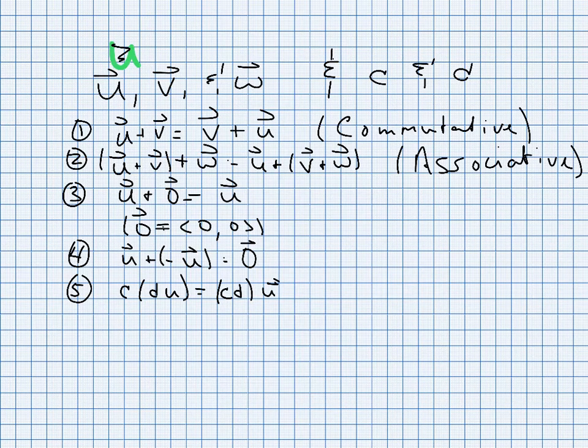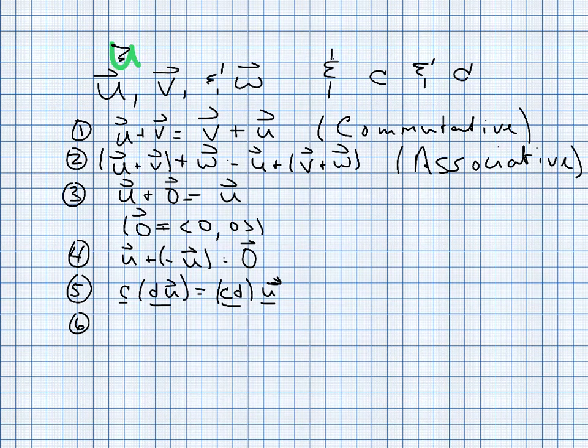And I got to put those arrows on there. I'm getting in the bad habit of not putting my arrows on. Now, this is also an associative property, but this one is just the associative property of scalar multipliers. So notice I can multiply my vector times d first here, and then multiply by c, or I can multiply by my scalars before I multiply it by my vector u. Okay?